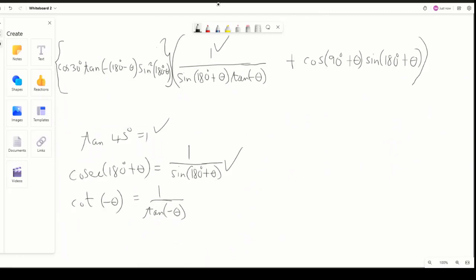It's still on top. There's your cosec 180 plus theta. There's cot minus theta. Because of this relationship, I can write it like that. Do you agree with that? Do you understand why I've written it like that now? Well, if you agree with all these things here, guys, then you must agree with the way I wrote it down here.